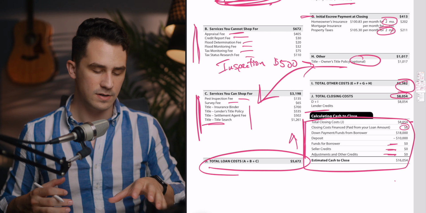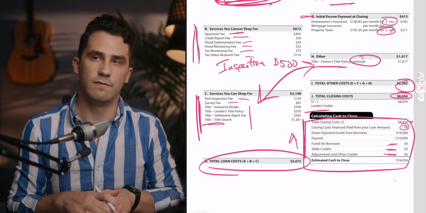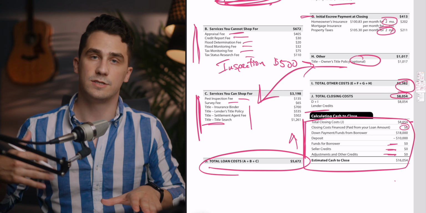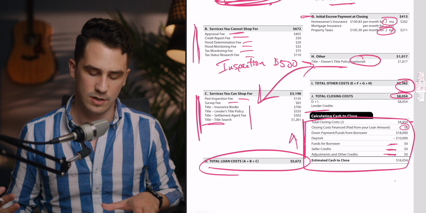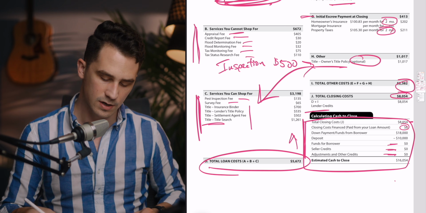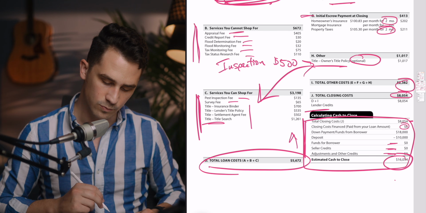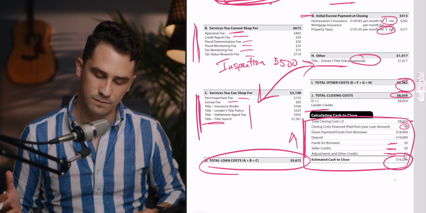What can also happen is, I talked about how the lender is locked into these fees. If the costs change above what the lender is allowed to change, there can be what's called a tolerance cure, where the lender actually has to pay for the overage, and you can see that listed here. So estimated cash to close is right here, $16,054.